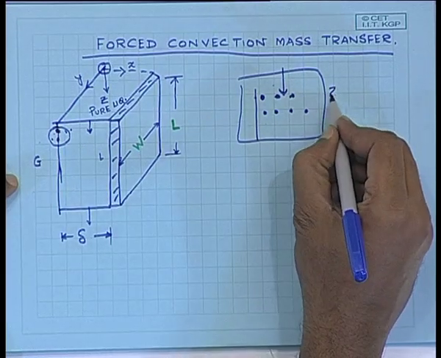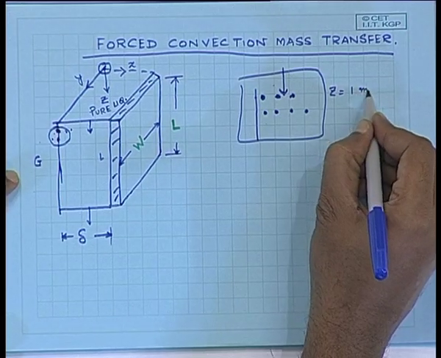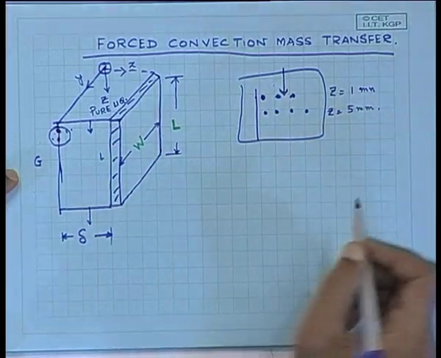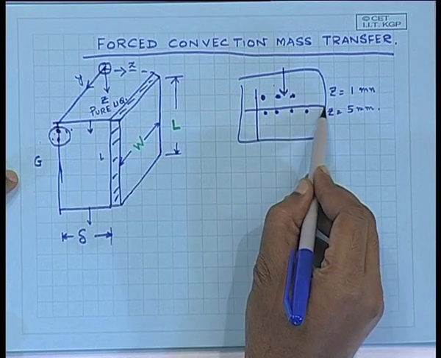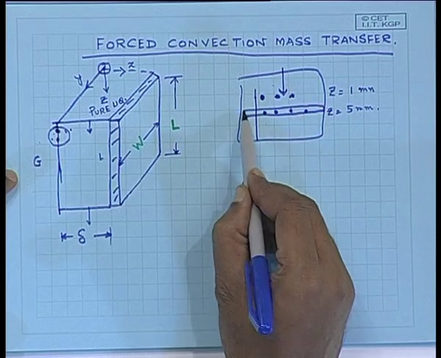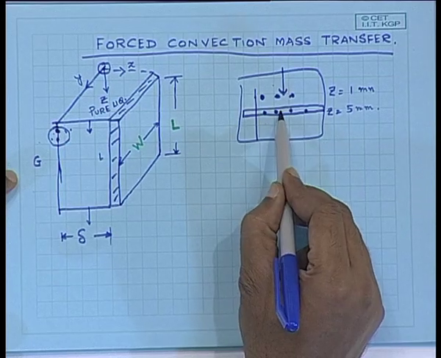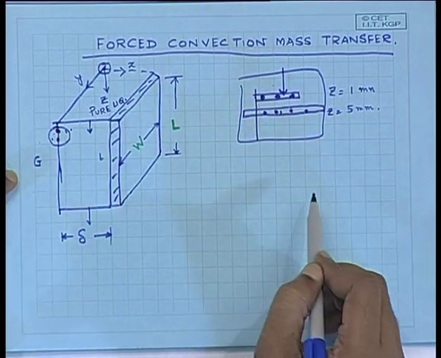What he is saying is that, let us say this is Z equal to 1 millimeter, and this is at Z equal to 5 millimeter. At Z equal to 5 millimeter, if you take the average concentration at a fixed Z, would this average concentration be more compared to that of 1 millimeter?